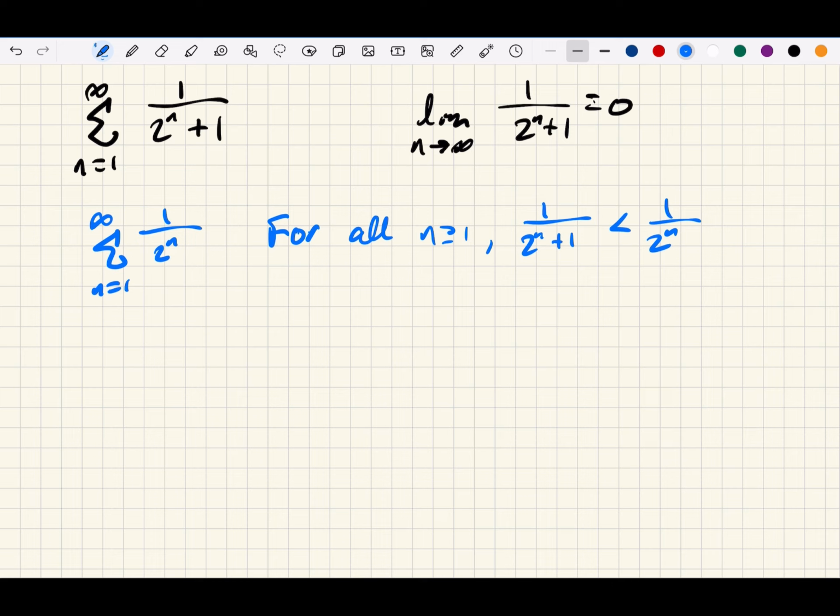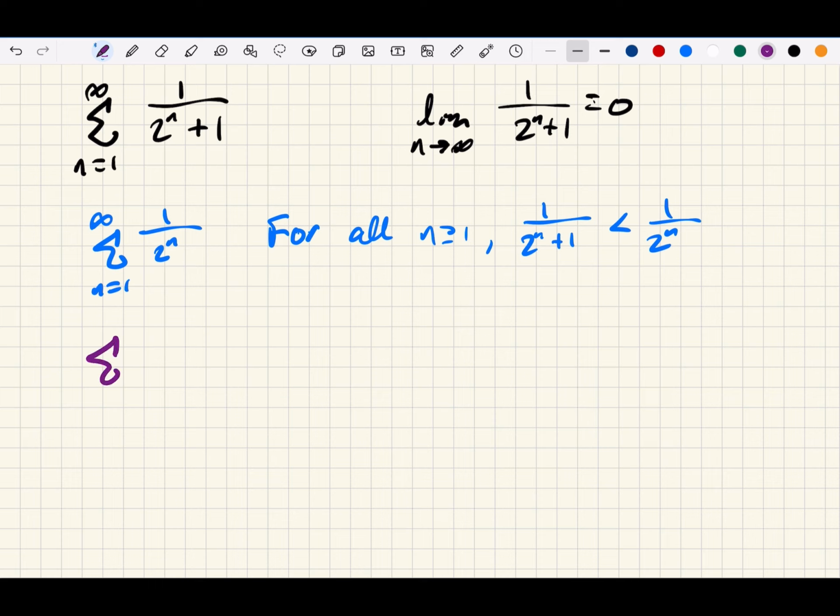Okay? Now, let's think if we can manipulate 1 over 2 to the n to look like something that we're familiar with. Now, if you remember last time, we goofed around with that exponent of n, right?